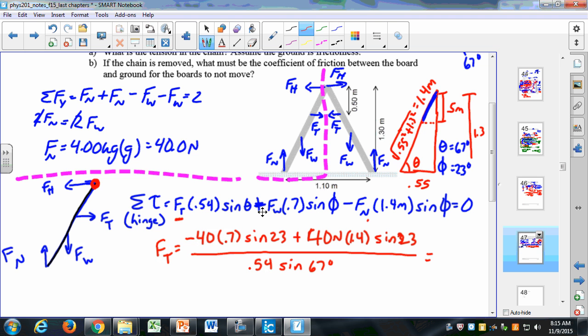That's equal to 22 newtons. So that's our tension in the chain.